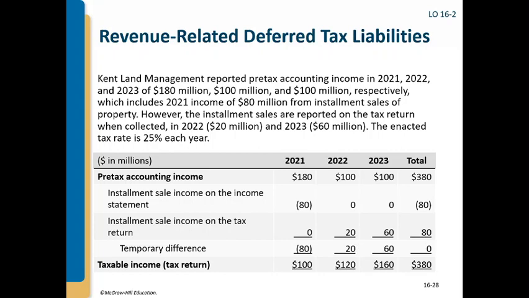And in future years, 2022 and 2023, when you receive the payment, you're going to recognize for tax purposes the amount received. So in 2022, you're recognizing 20 million, and in 2023, you're recognizing 60 million. So you're going to have a deferred tax liability for 80 million times 25%.